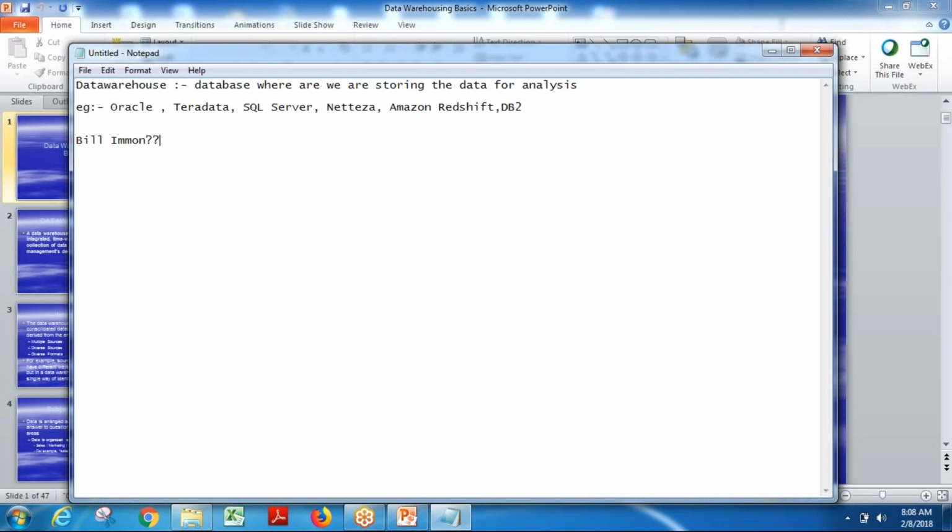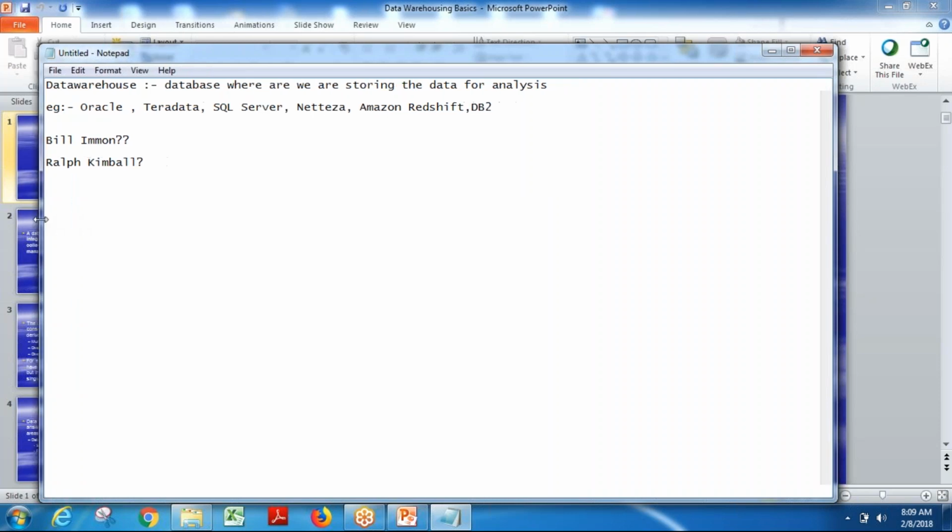His thoughts were carried forward, and a lot of innovation happened in data warehousing methodologies and practices, carried out by another scientist called Ralph Kimball. You even have a Kimball University separately, which talks about data warehousing best practices and everything. So these guys have proposed this, and it is not a technology, it is just a process.